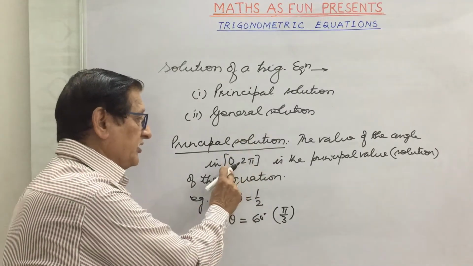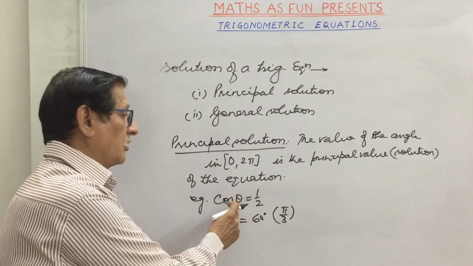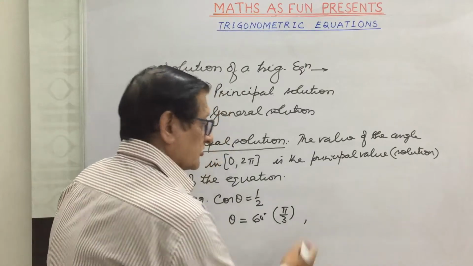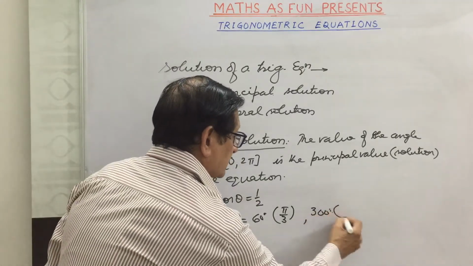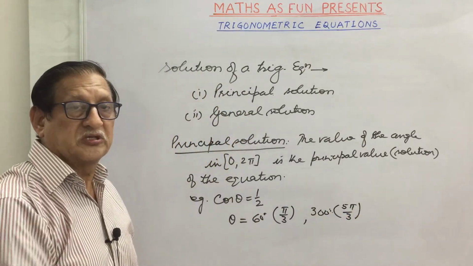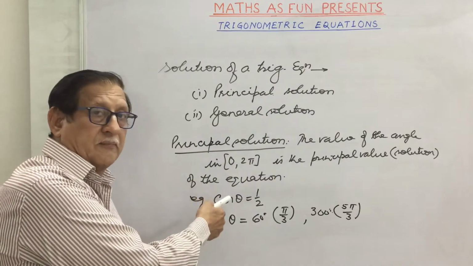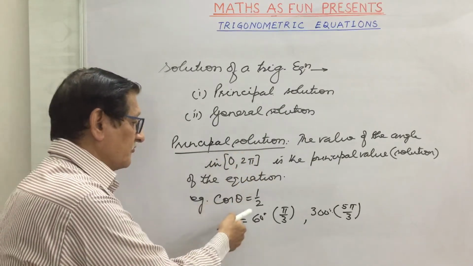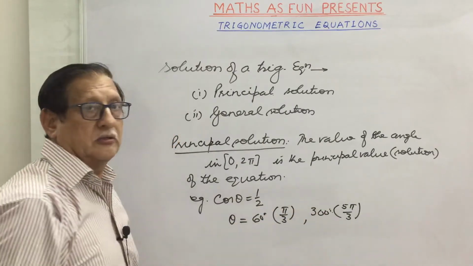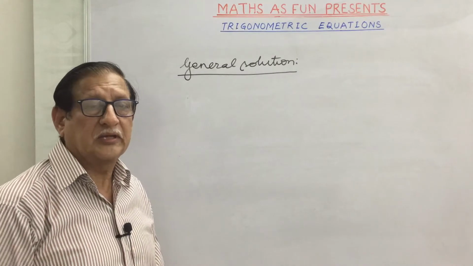Then between 0 and 2 pi, we can see that cos theta is positive in the fourth quadrant. It means 300 degree, or we say 5 pi by 3 is another solution which lies in the interval 0 to 2 pi. So we can say that the principal solution or principal values of theta are pi by 3 and 5 pi by 3.